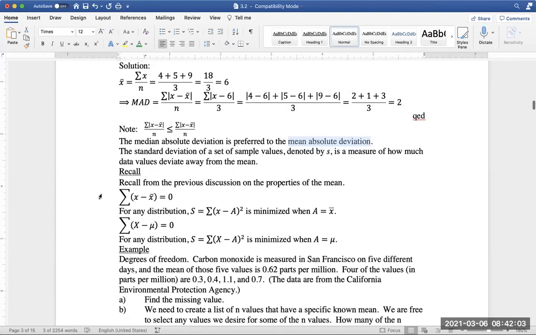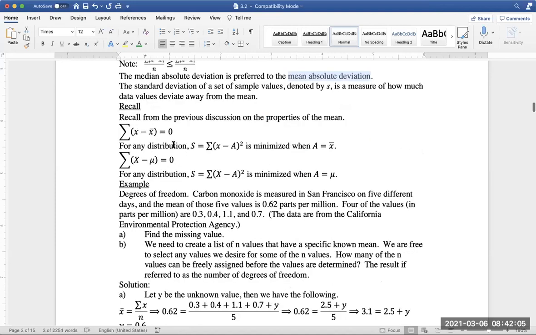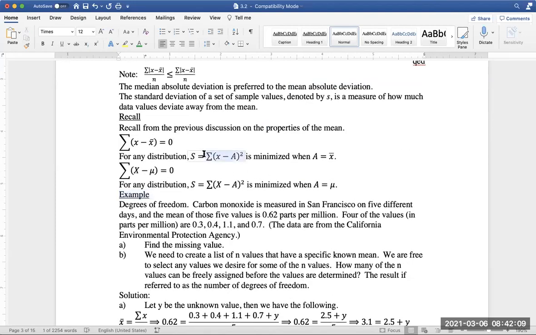Okay, so before I can tell you how I should define the measure of dispersion for both a sample and for a population, let me give you an example involving degrees of freedom. Carbon monoxide is measured in San Francisco on 5 different days.